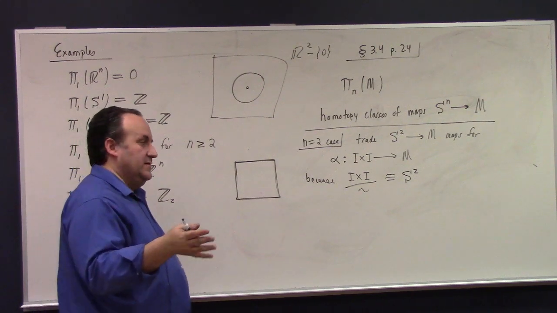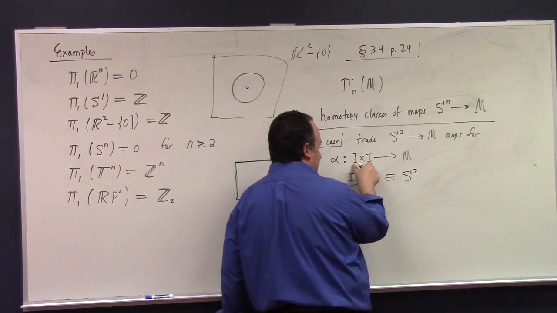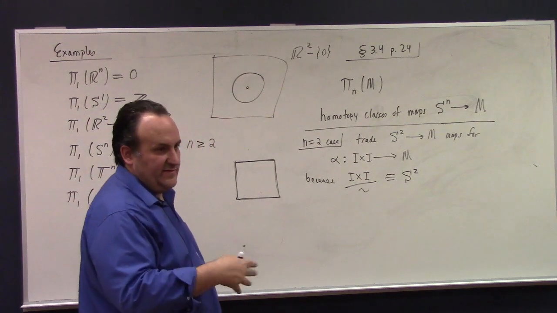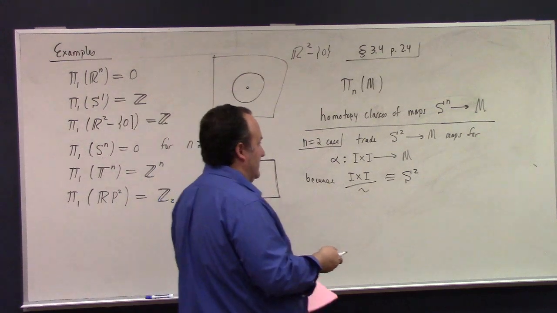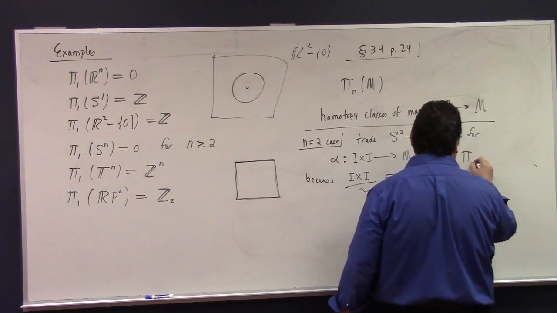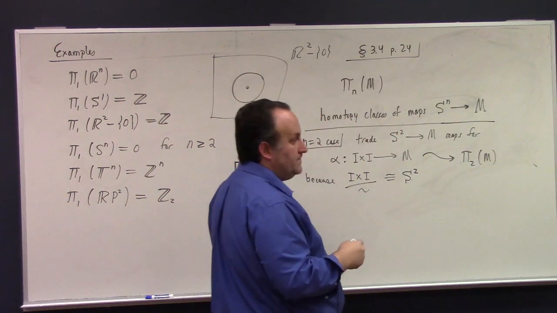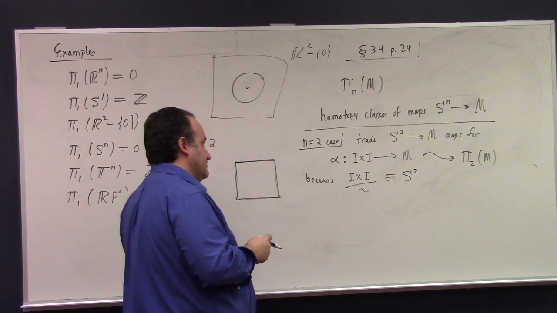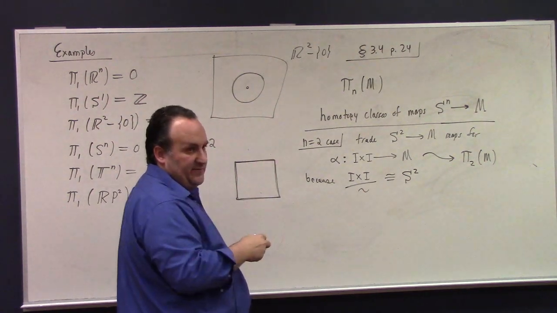So because of that, I can study maps from the unit square into the space and study homotopy classes of such maps. That would be how you would understand, like, what's the structure of pi 2 of M, right? Pi 1, on the other hand, is based on maps from the 1 sphere.